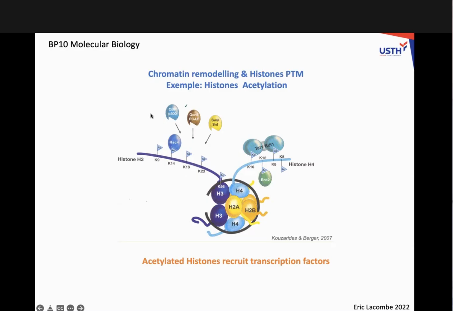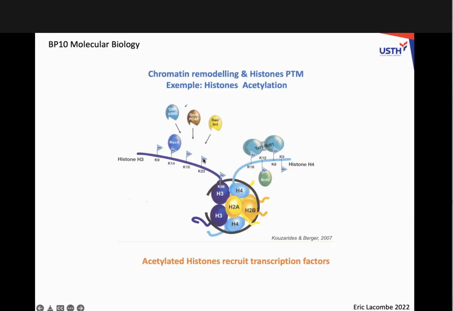So in that case, the writer of this mark is a histone acetyltransferase that is going to put an acetyl group on the lysine at position 23. And the consequence of this writing, this epigenetic mark, is going to be read by the reader. In that case, the reader is SWI/SNF, because SWI/SNF is able to do its job only when it finds this kind of mark.